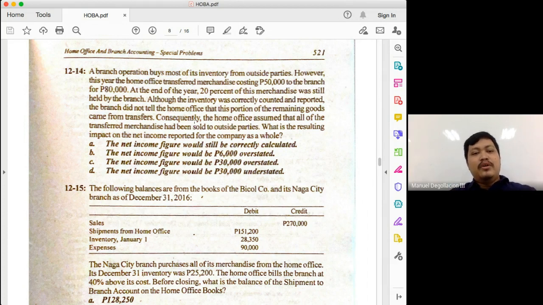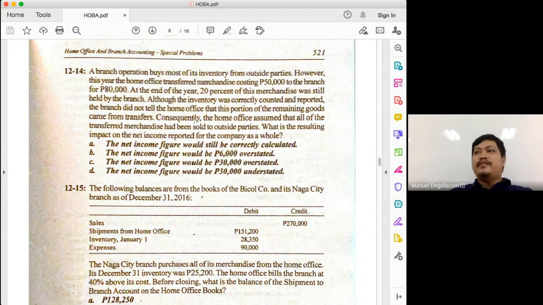Okay, let's continue. Although the inventory was correctly counted and reported, the branch did not tell the home office that this portion of the remaining goods came from transfers. Consequently, the Home Office assumed that all of the transferred merchandise had been sold to outside parties. What is the resulting impact on the net income reported by the company as a whole? So, what does this mean?